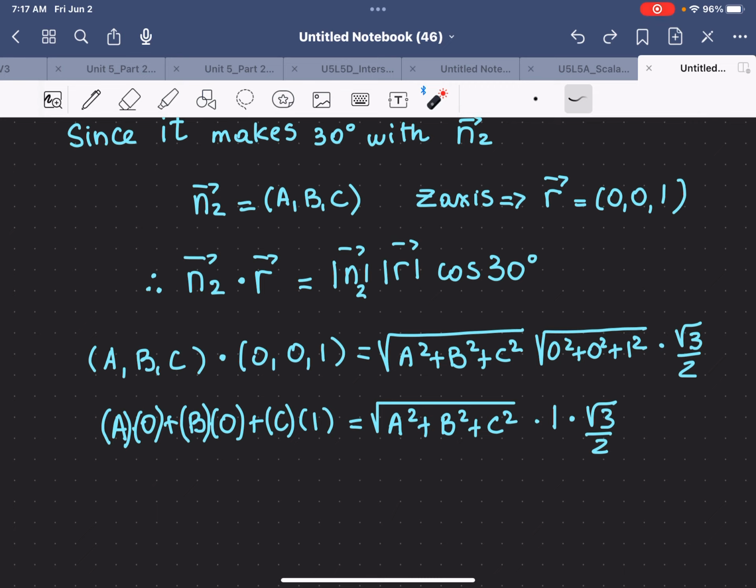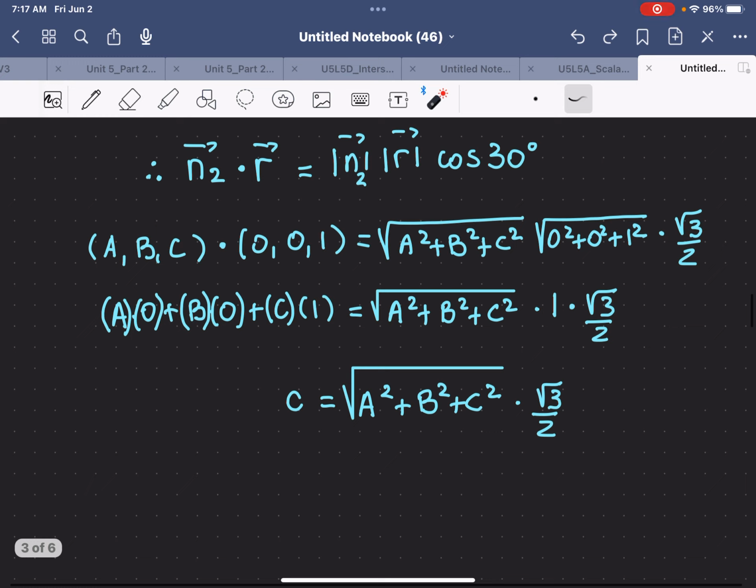So we have to clean up this expression a little bit now. So we'll simplify each side, see what we get. On the left side, we have 0 plus c times 1, which is simply c. So c equals the square root of a squared plus b squared plus c squared multiplied by, obviously, 1 times root 3 over 2, which is root 3 over 2.